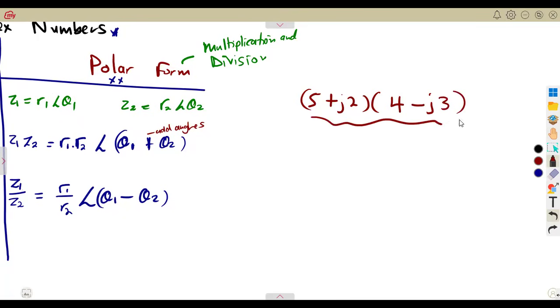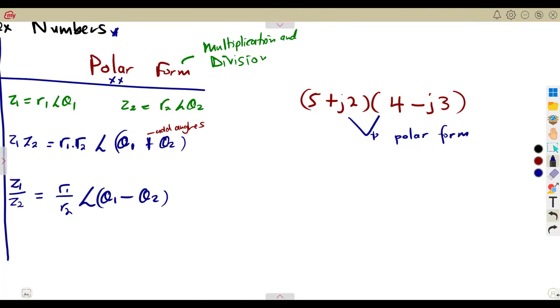Instead of you expanding the brackets, guys, multiplication is best in polar form. So convert this to polar form. Convert this to polar form. Then you can simplify. There's nothing difficult because our calculator is going to do that. Remember how to convert to polar form the way that we did previously. All right, so this is what you're going to have.